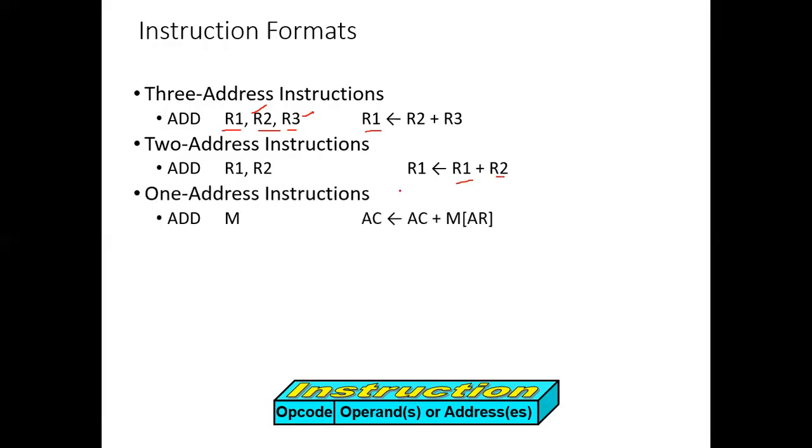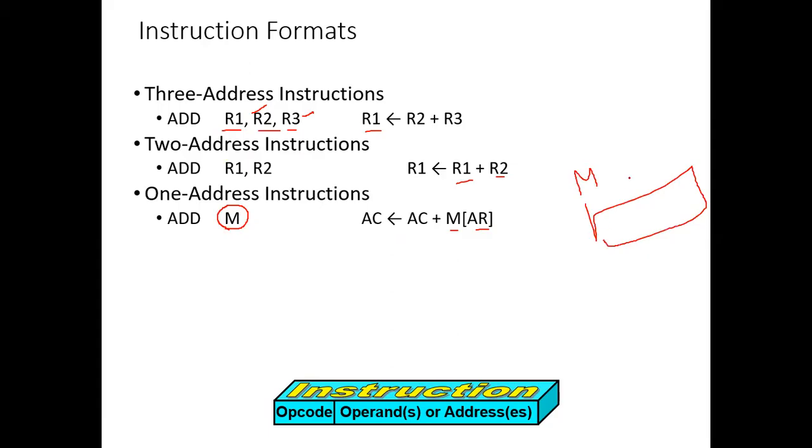And there is the one address instruction, add M. All the previous ones refer to registers; the moment you say M, it refers to memory, the value at the specified memory location. This memory M will have some number, right?